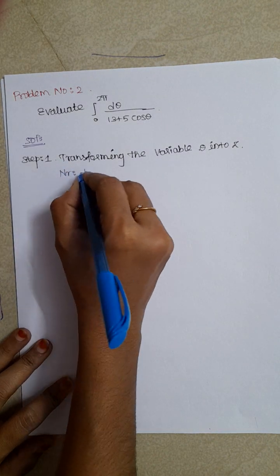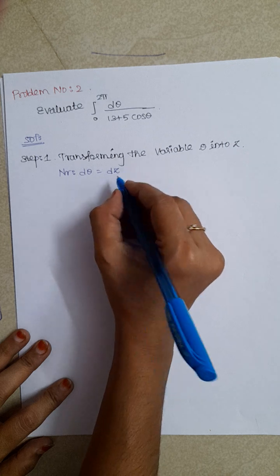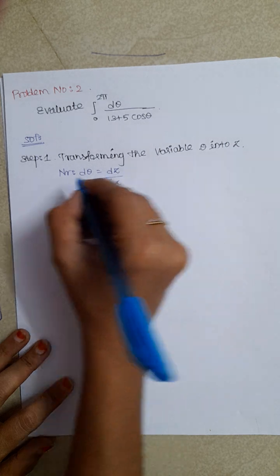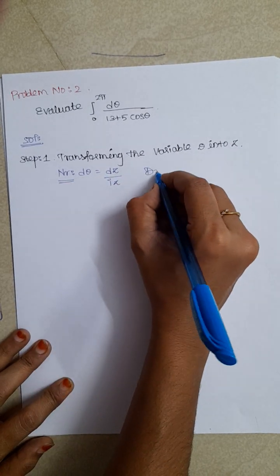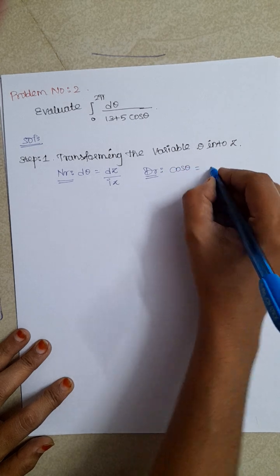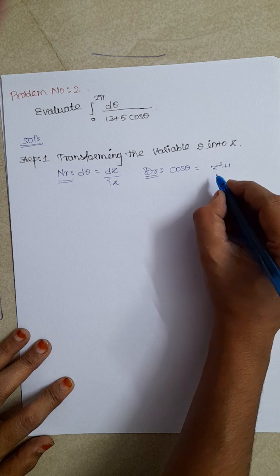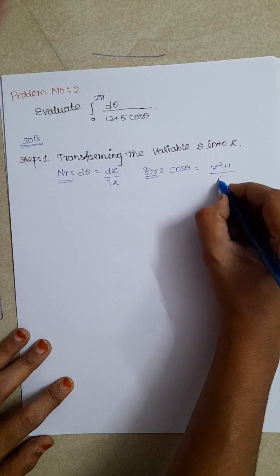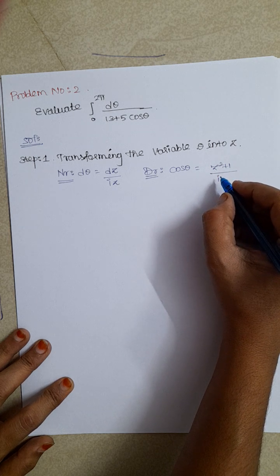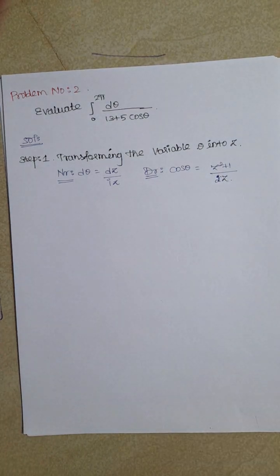The numerator d theta value is dz divided by iz, and in the denominator, cos theta value is z square plus 1 divided by 2z. Okay, step number 1 is over.